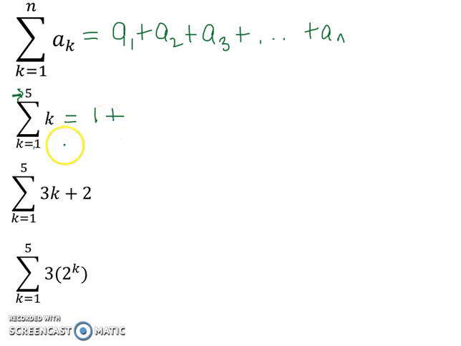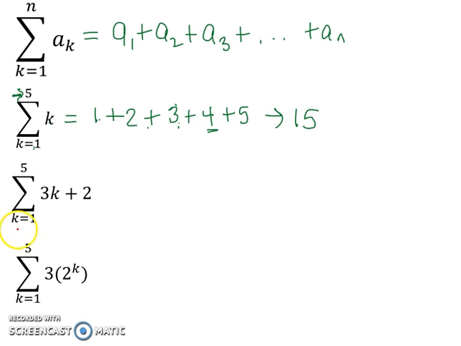Sum means add. And then I say, okay, we're going to replace k with 2. We're going to replace k with 3. We keep going until we reach 5. And so we're just going to add those numbers together. So 1 plus 2 is 3, and 3 is 6, and 4 is 10, so this is 15. So that's all there is to that nice little example.